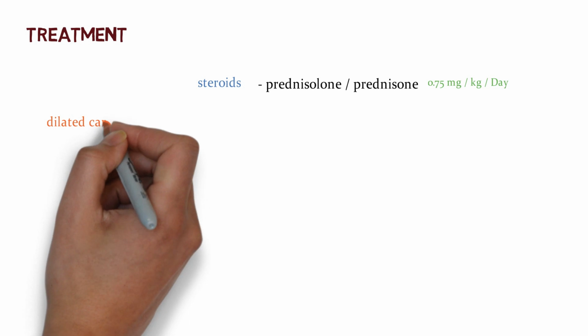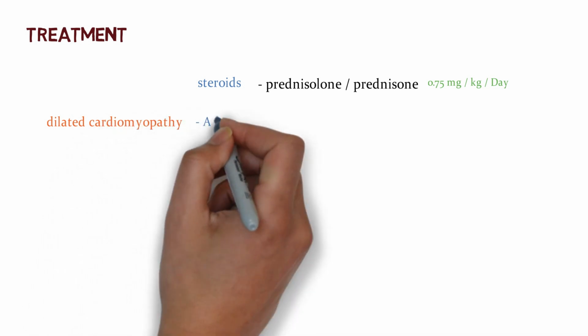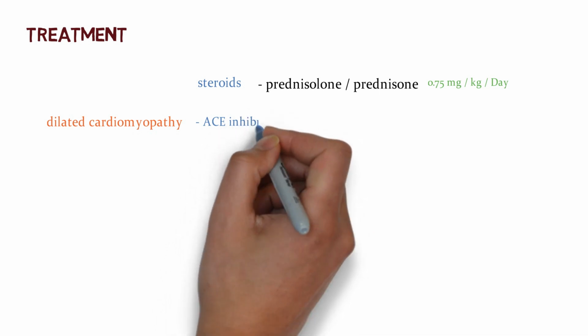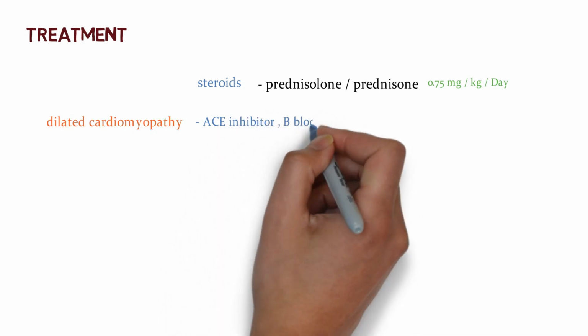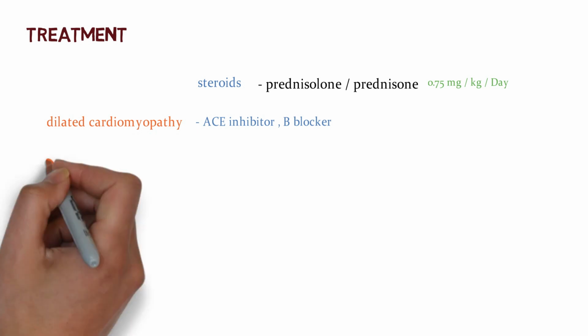If there is dilated cardiomyopathy, then we can use drugs like ACE inhibitors or beta blockers. After using these drugs, there may be improvement in the left ventricular function.